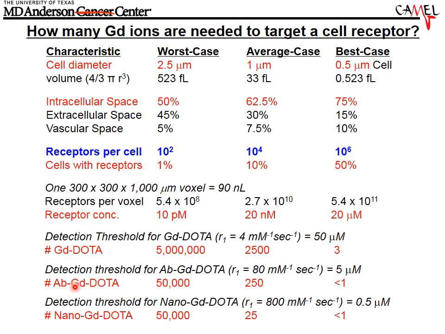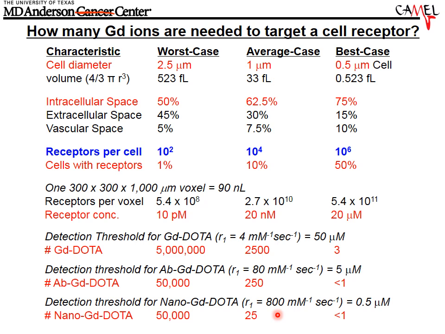If you attach this to an antibody, well, you can get an enhancement factor, let's say a factor of 10, if you put 10 gadoliniums per antibody and still retain the antibody integrity. But in an average case, you're still not able to get enough sensitivity. And in fact, even when you go to a nanoparticle system that might actually increase the sensitivity by tenfold again, well, you never really can reach an average case using a gadolinium-based MRI contrast agent.